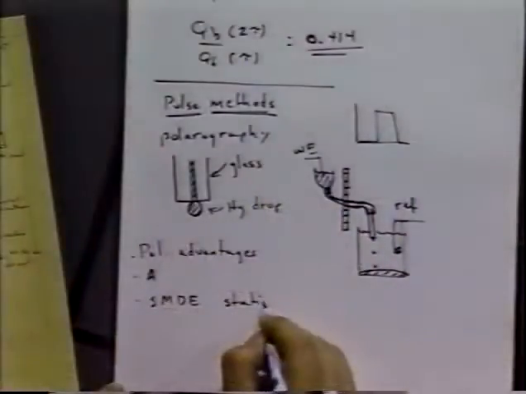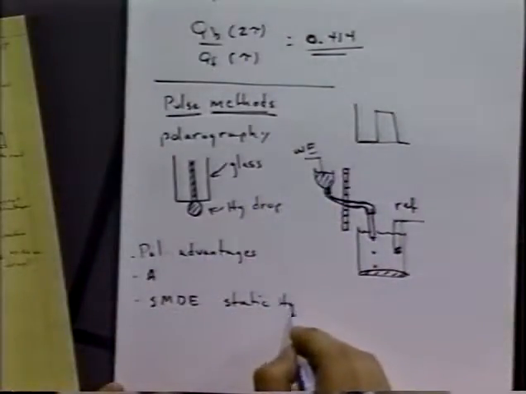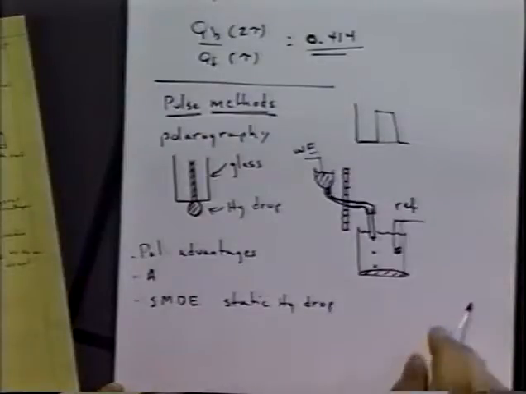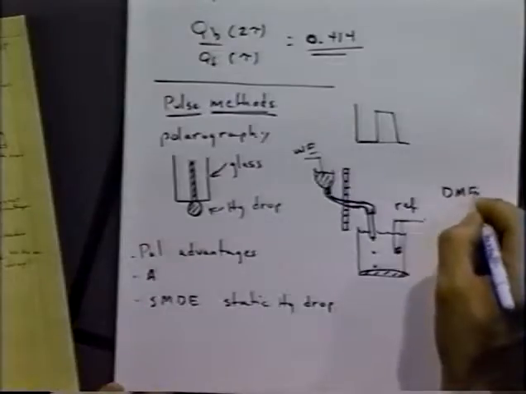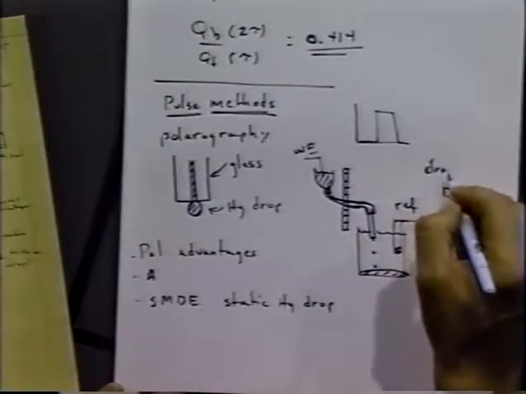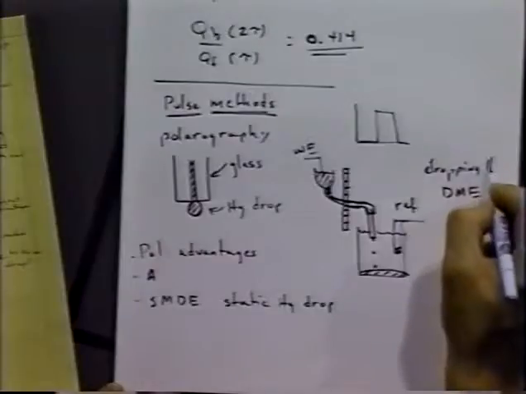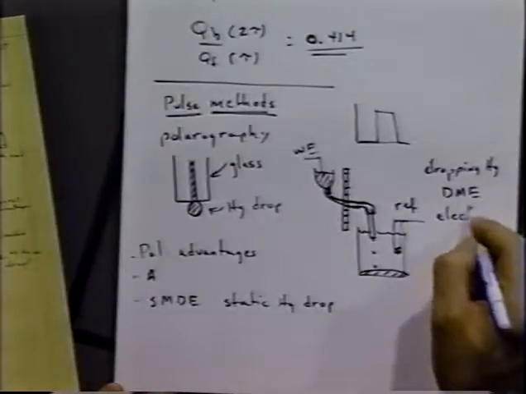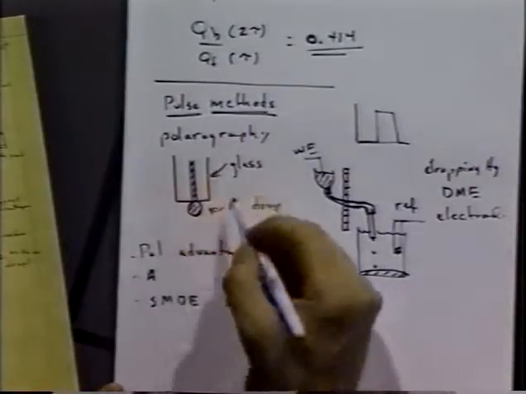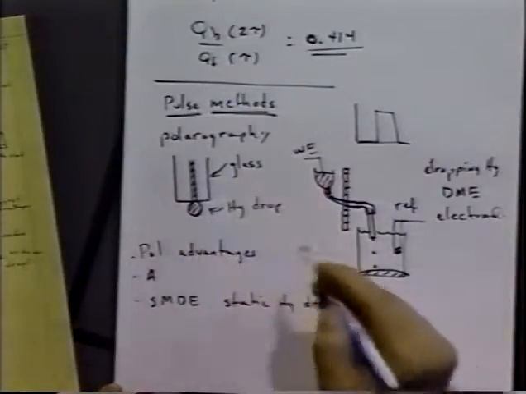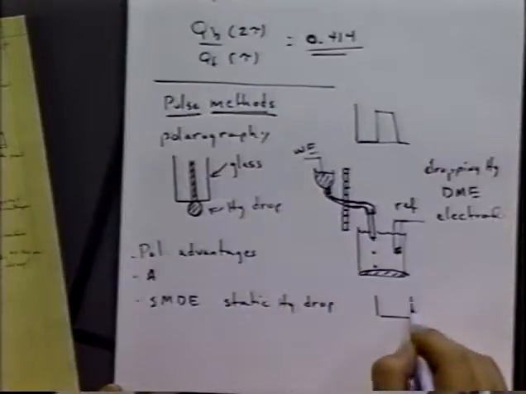There is, however, a contender called a static mercury drop electrode, which has some advantages of the dropping mercury electrode, but some advantages that are not so apparent. Dropping mercury electrode is here. Static mercury drop electrode: rather than using a capillary tube with mercury hanging off it, it actually uses a little support.